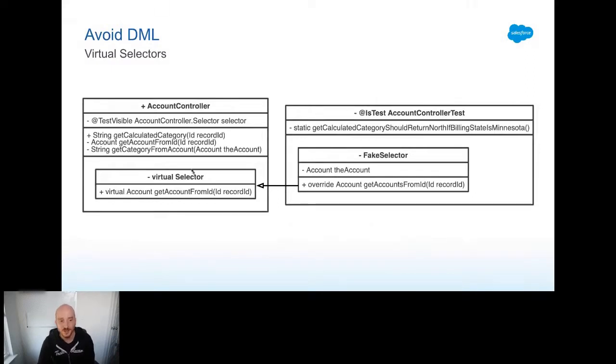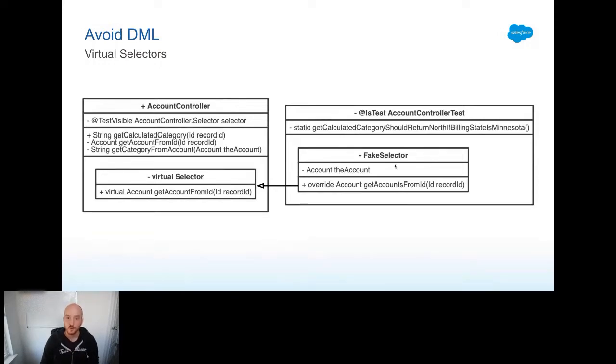So you can imagine that this account controller's class, when the private get account from ID method is called, is going to use the selector class to perform that query, and then it'll return the results. And we can have this test visible notation on the private instance of the selector within the account controller to allow us to fake out or mock the results for the selector.